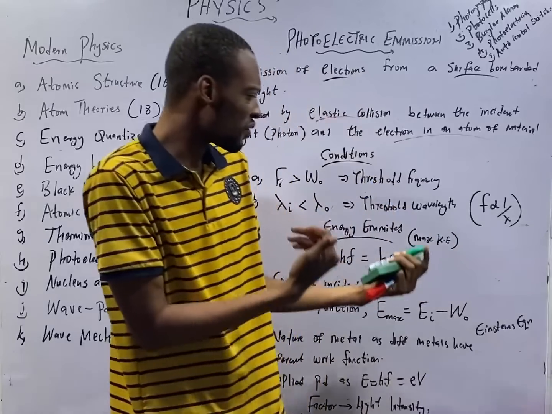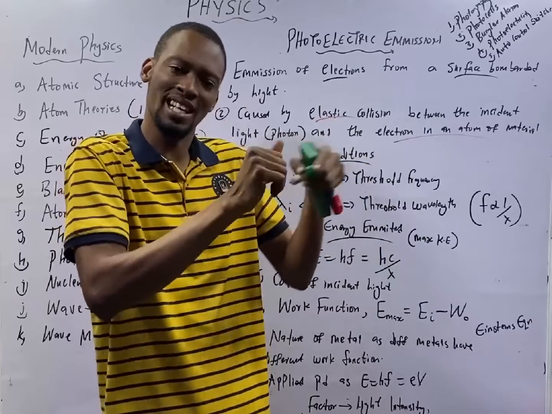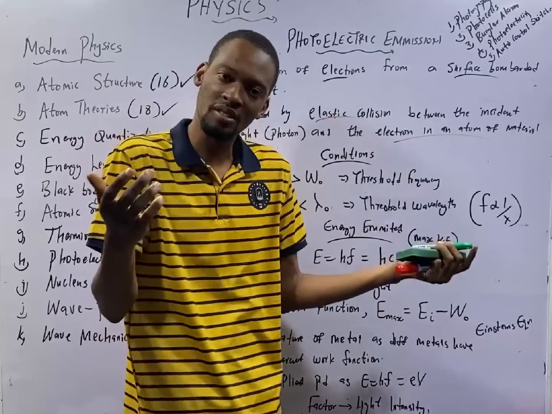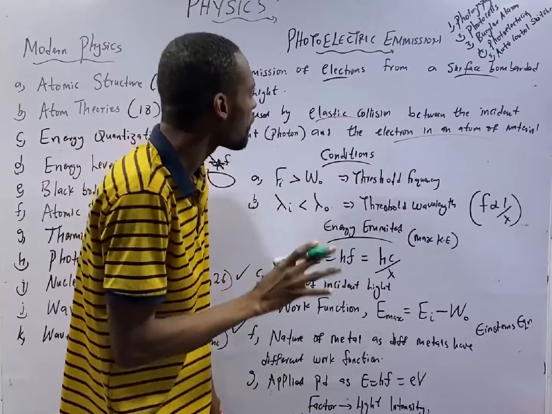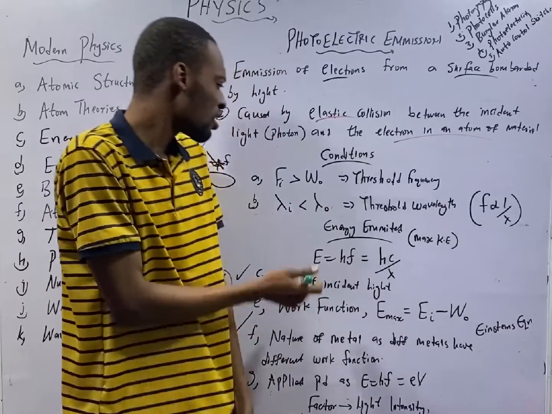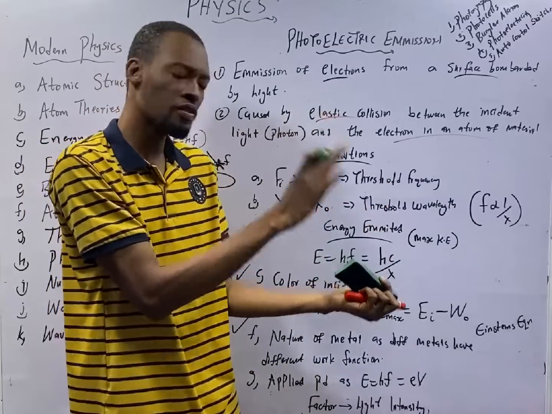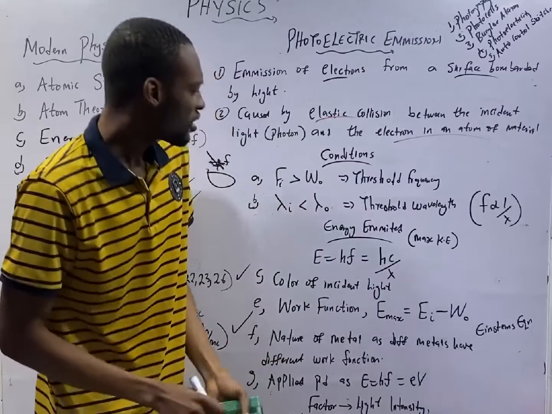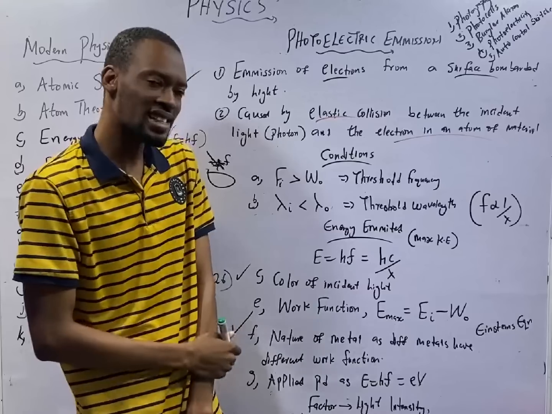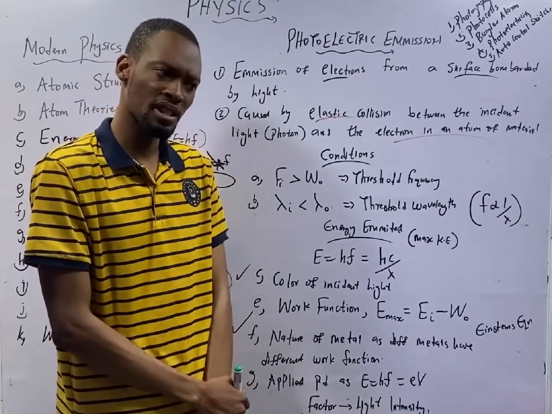If the frequency of your light is not up to the minimum that particular material needs to begin to emit electrons, then electrons will not be emitted. So, for there to be photoelectric emission, the frequency of the incident light should be greater than the threshold frequency. If the frequency is lesser than the work function, electrons will not be emitted.